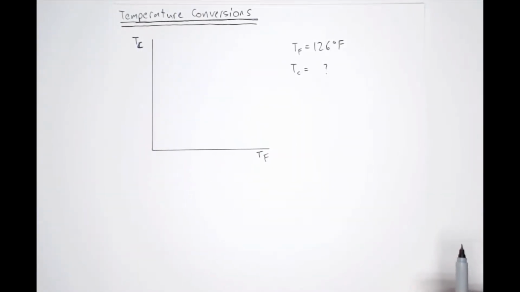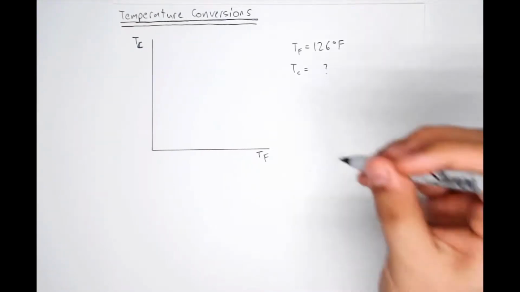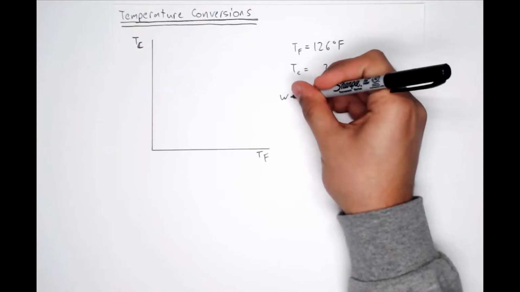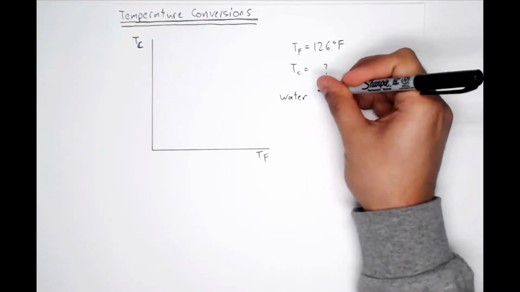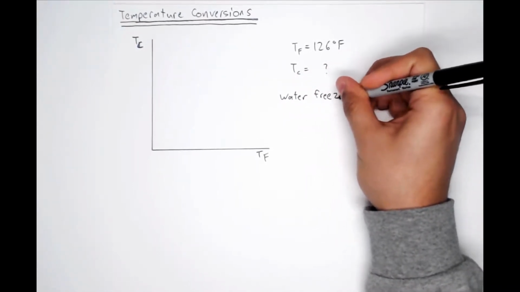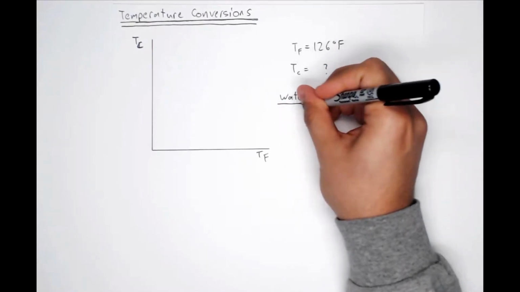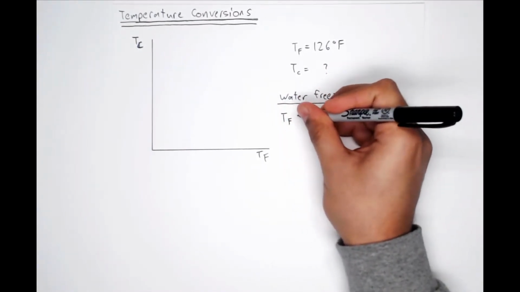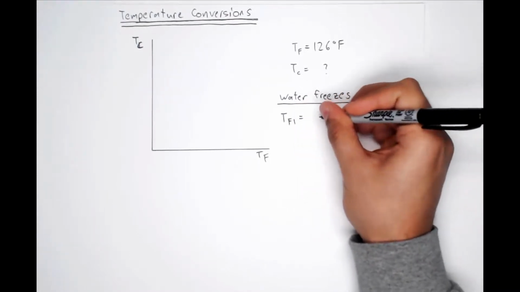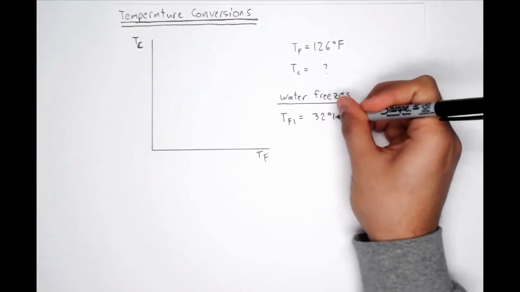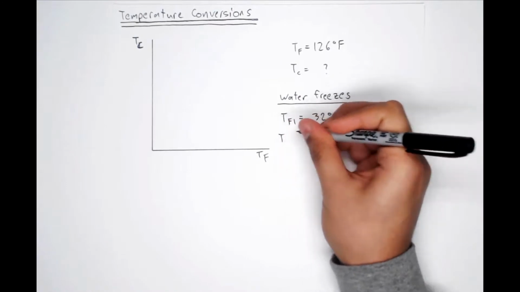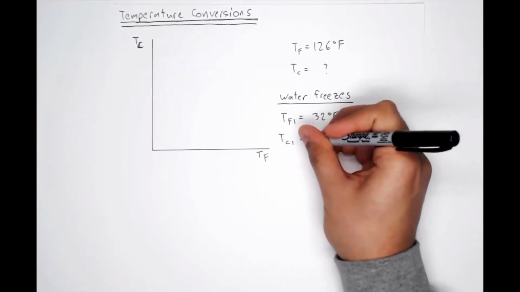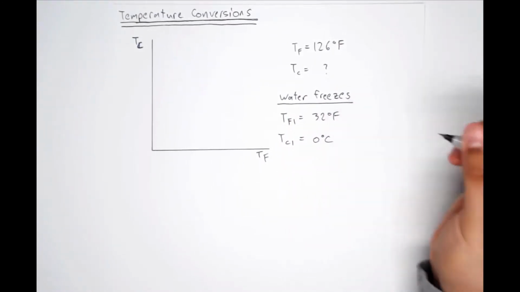So to help us do that, we need to have some known points on this graph, and we will start by looking at temperatures at which water freezes. In the Fahrenheit scale, water will freeze at 32 degrees. And in the Celsius scale, water will freeze at 0 degrees Celsius.